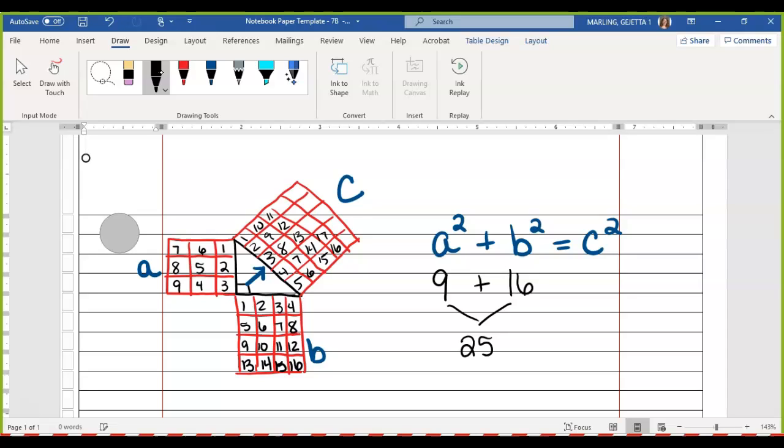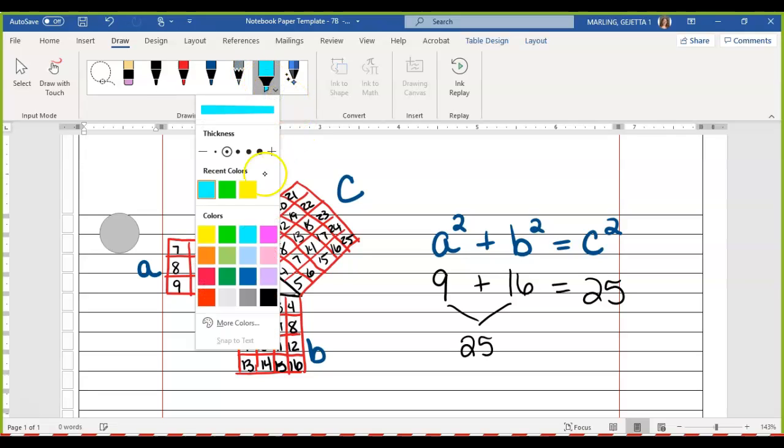Did you get 25? Yes, so we just proved that the square of A plus the square of B is in fact equal to the square of that hypotenuse. Now watch what that means mathematically.